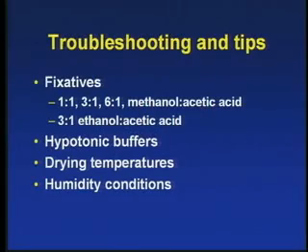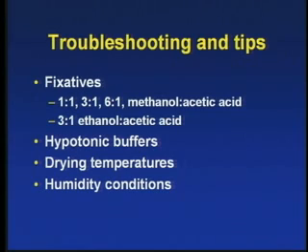Now, you can use other ratios than the 3:1 ratio simply because methanol and acetic acid evaporate at different rates. Alcohol evaporates much faster than the acetic acid solution. So if you want a fast evaporation, you add more alcohol. If you want the evaporation to go slowly, then you add more acetic acid.